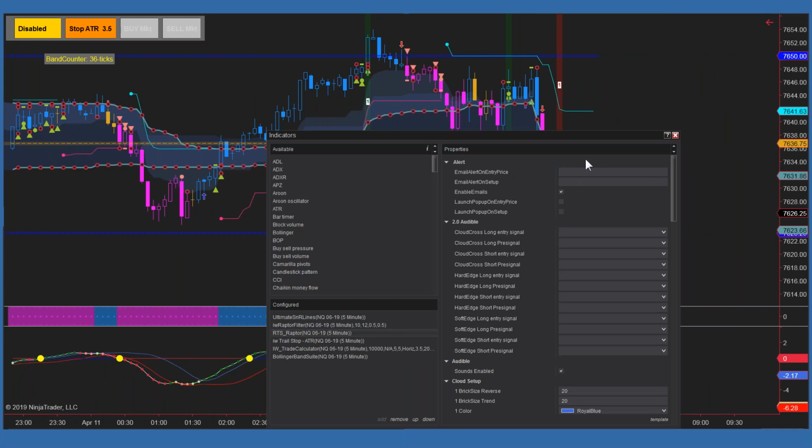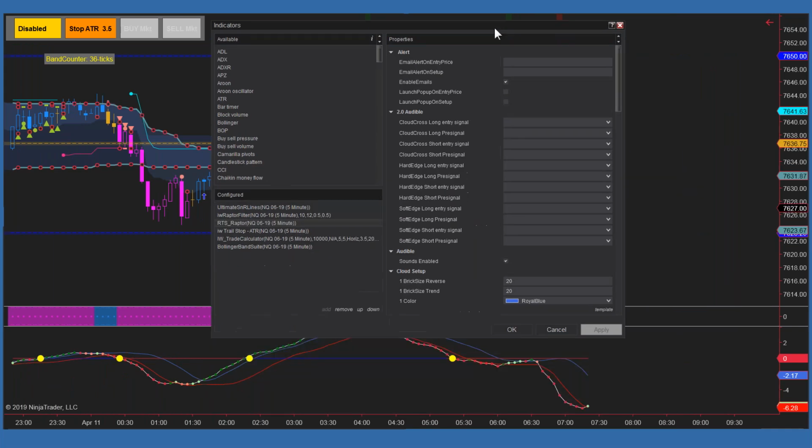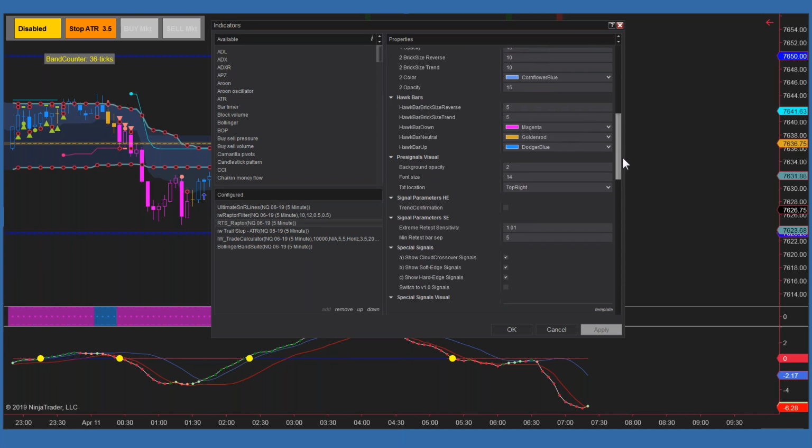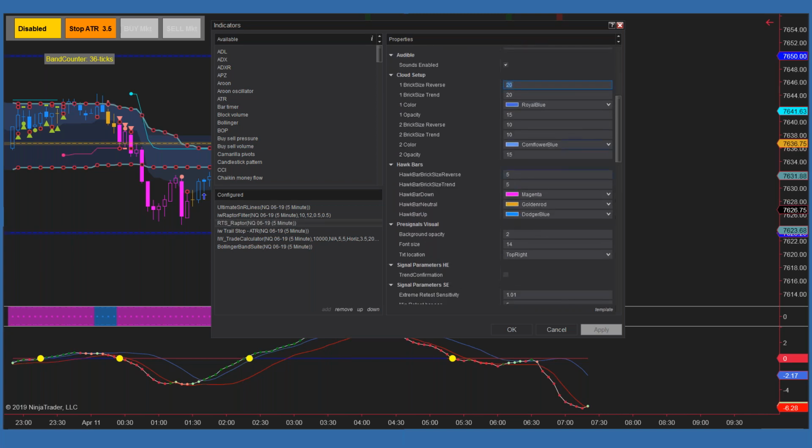So go into your settings and play with your cloud sizes and your brick size. The easiest way to do it is to go to extremes. So instead of 20, let's dial it up now to 50.